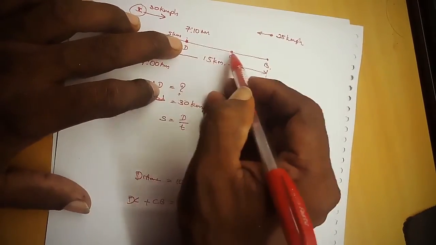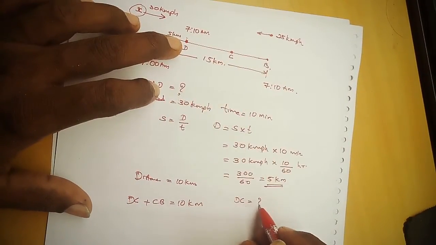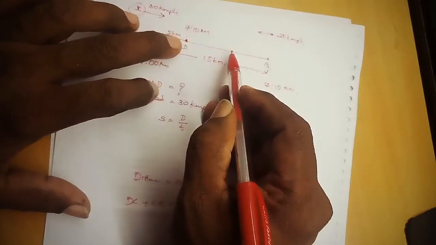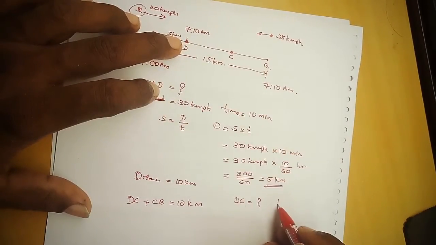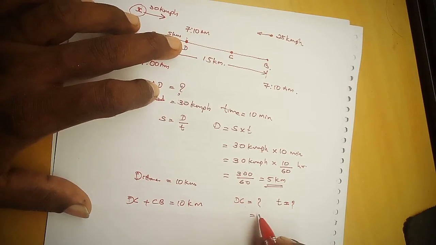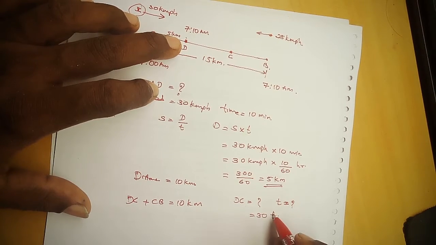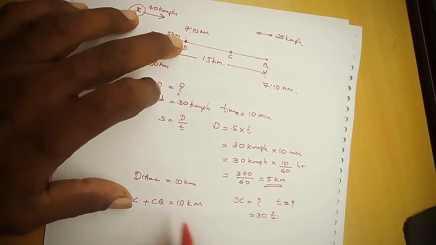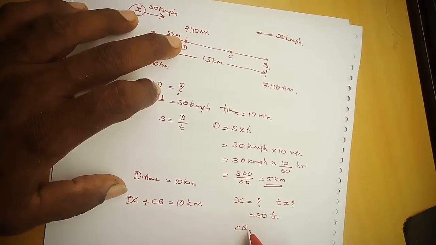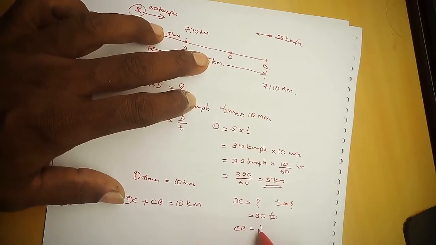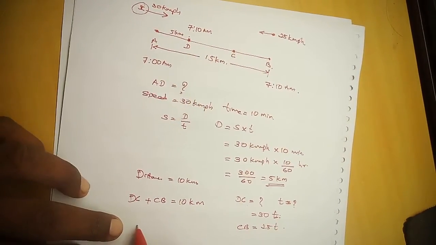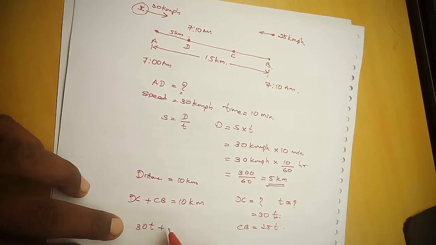It is the distance. DC is equal to speed into time. We don't know the time. So DC is equal to 30 into T. And CB is equal to 25 T.